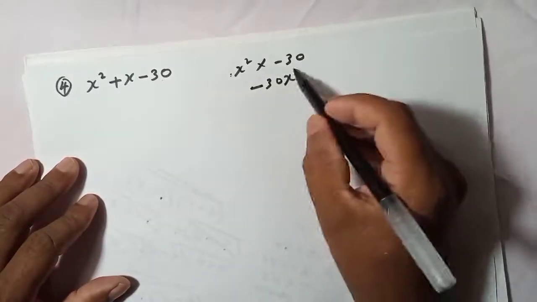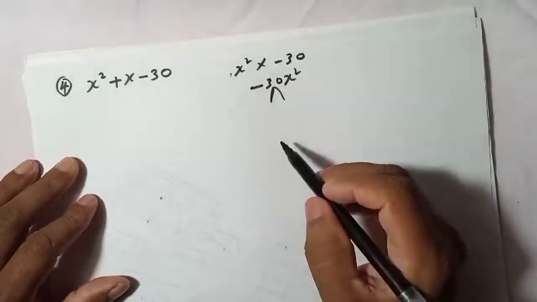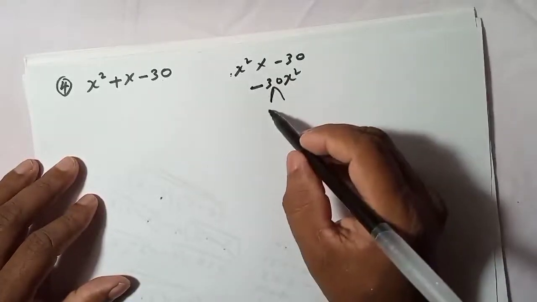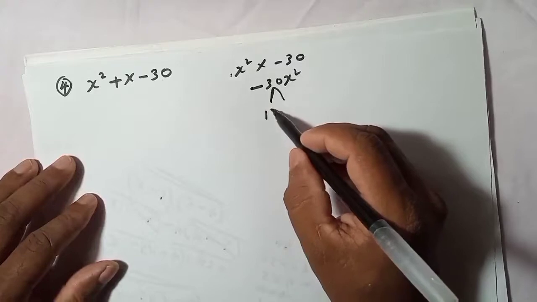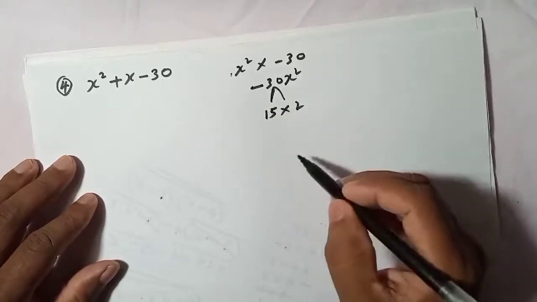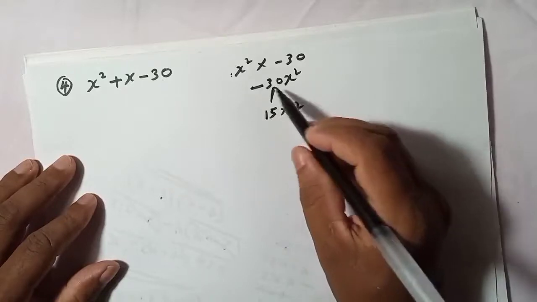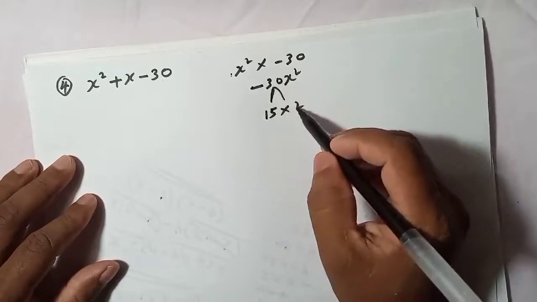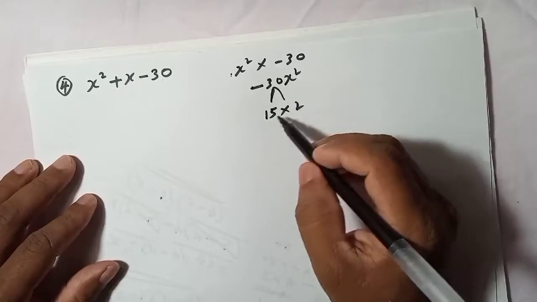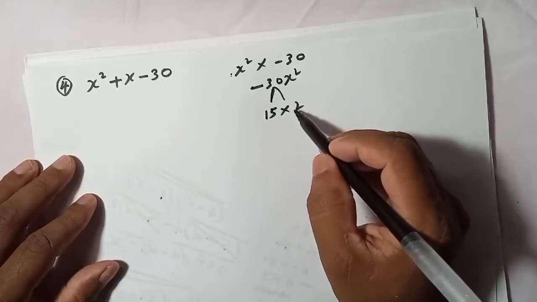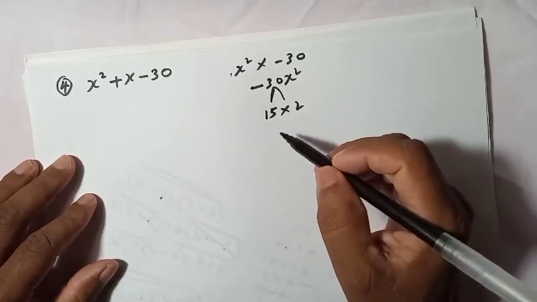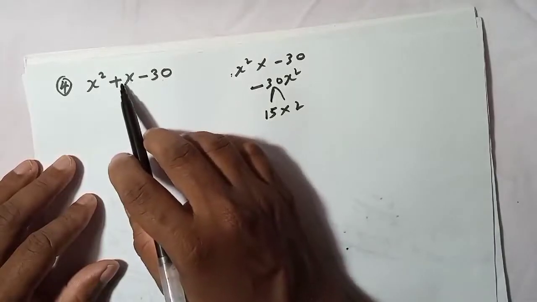So x square. So then how can you get 30? 30 we can get as 15 into 2. That also works. But the problem is 15 into 2, 30 you can get, 15 plus 2 will be 17, and 15 minus 2 will be 13. So you can't get the number here. Here what is the number?